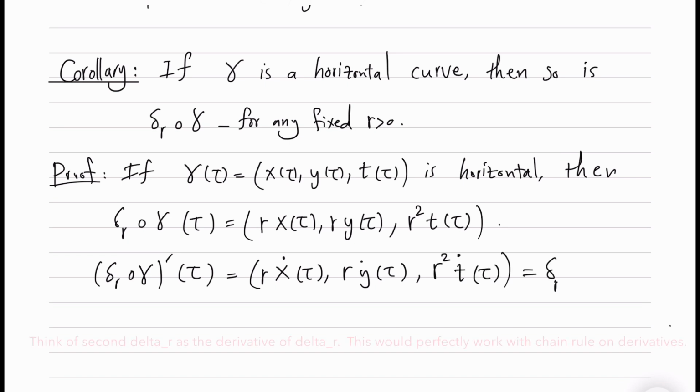And this is delta r applied to gamma prime at tau by definition.